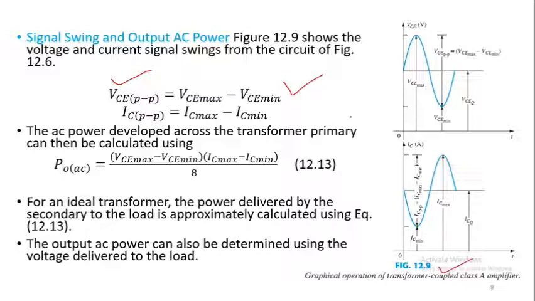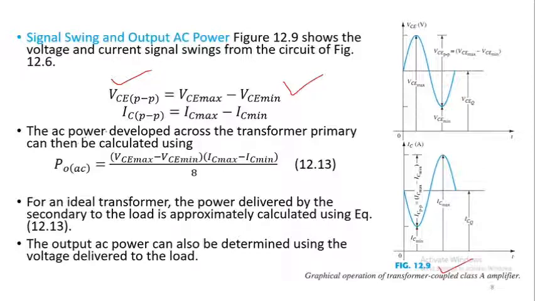Similarly, if you want to find the value of IC peak to peak, that will be equal to IC max minus IC min. That means कि मैक्सिमम में से मिनिमम वैल्यू आईसी की माइनस करें या सब्ट्रैक्ट करें, you will get IC peak to peak.